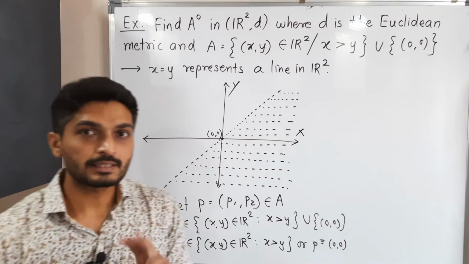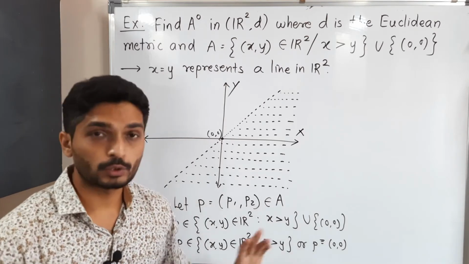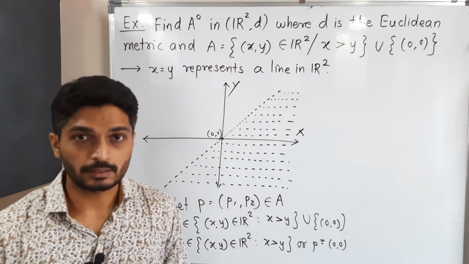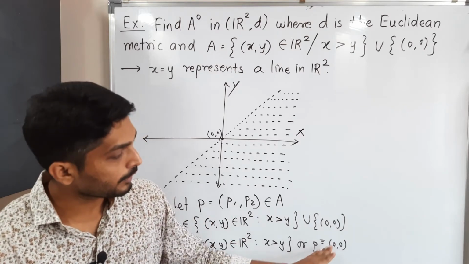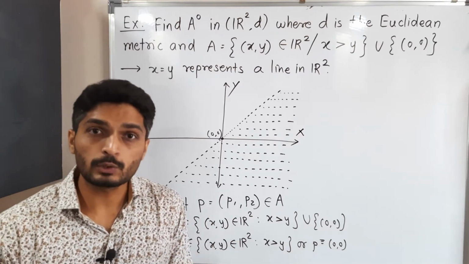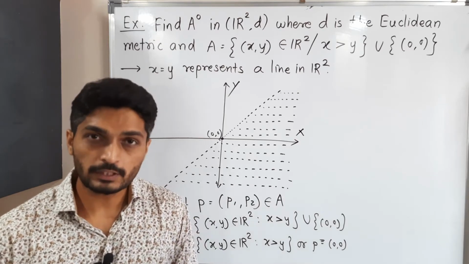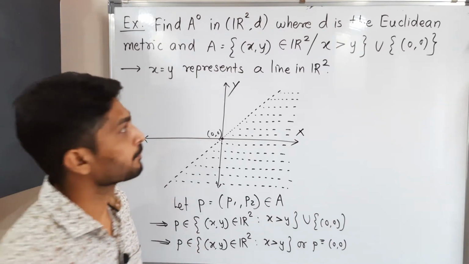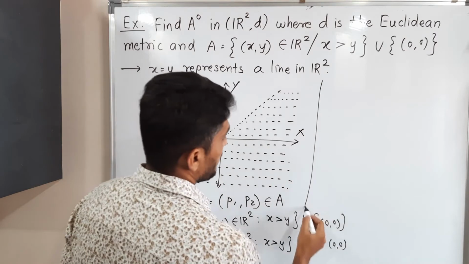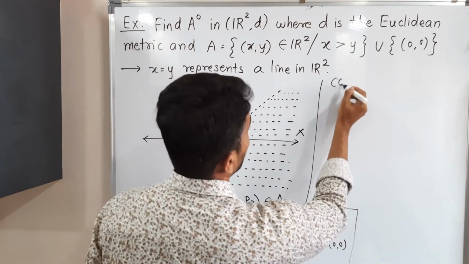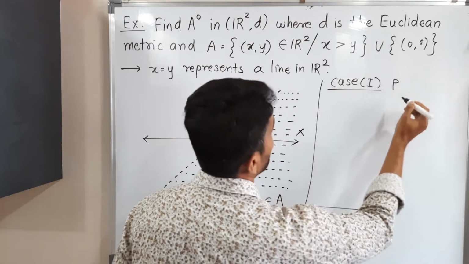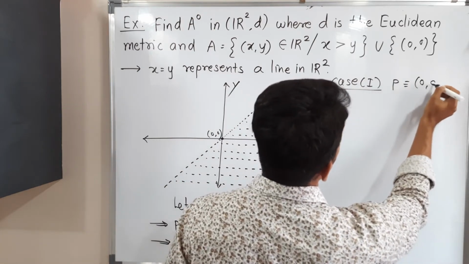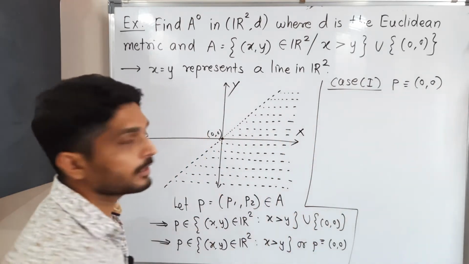Okay, so there are two possibilities, either P is the origin or P belongs to this set. So we will discuss these two separate cases. First of all, I will discuss the case P is equal to 0 0, then what will happen, and after that I will discuss the other case also. So let me write that here. Case 1 is P equal to 0 0. P is nothing but our origin.